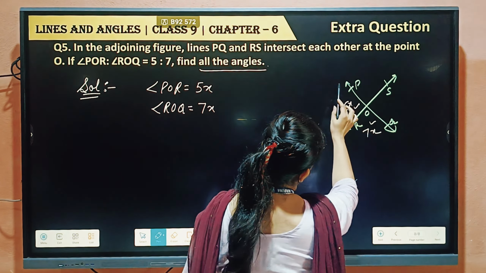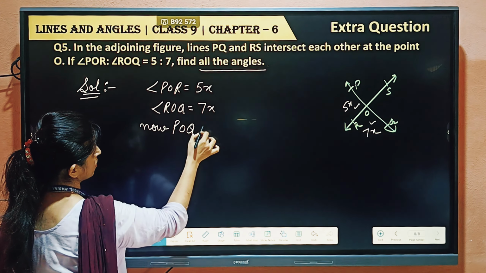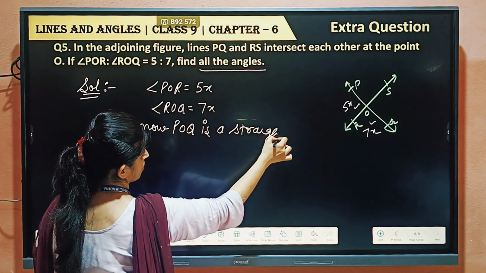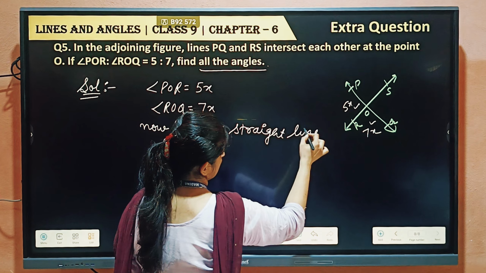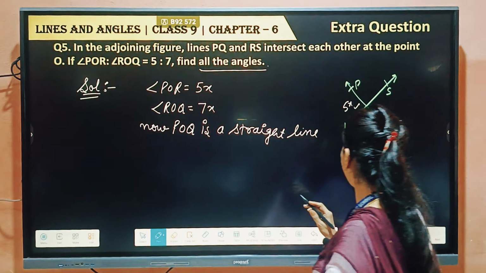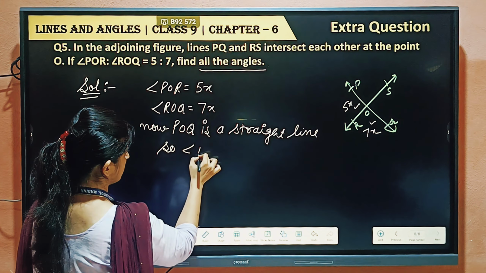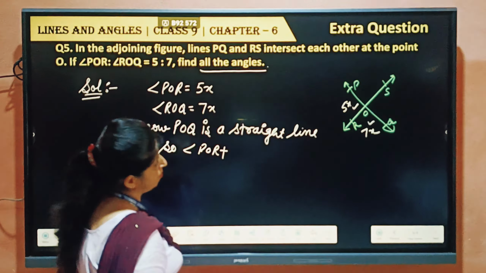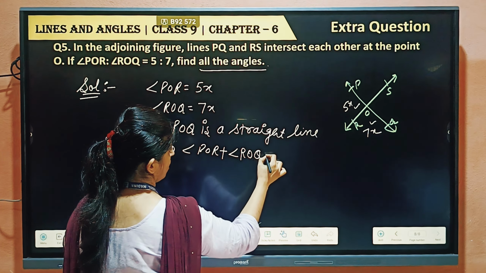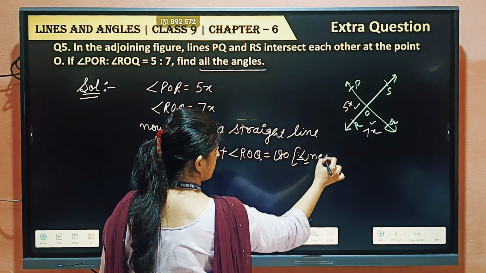Now POQ is a straight line. So this angle plus this angle sum is 180 degrees. Angle POR plus angle ROQ is equal to 180 degrees because of linear pair.